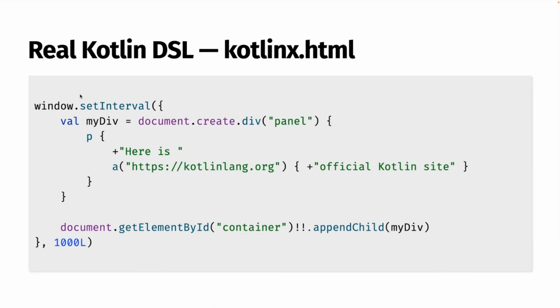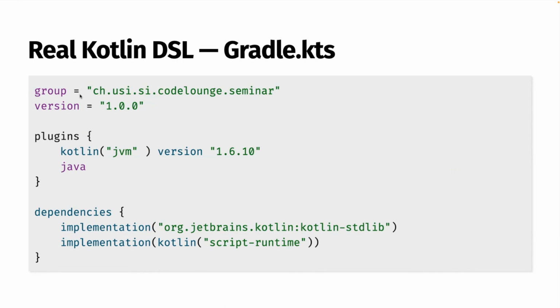You can see it looks a bit like JavaScript code, this window set interval. Then we have Gradle, the Kotlin version, because the older version was just Groovy, which also has this type-safe builder feature, I think. They also have this thing.